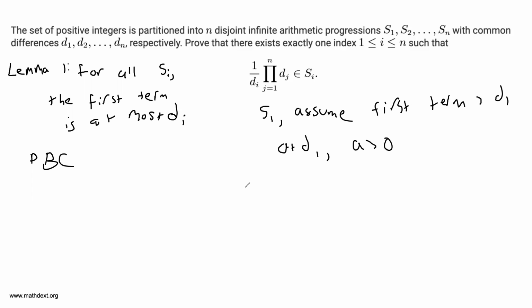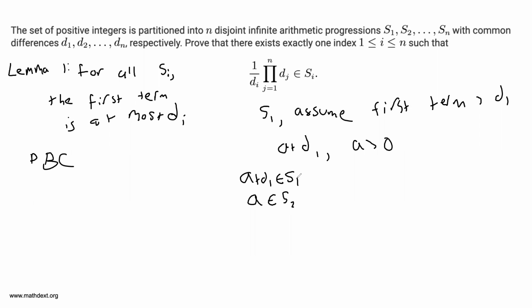So a plus d1 is in S1. But a is not in S1. Otherwise, a is the first term instead of a plus d1, since a is smaller than a plus d1. So we're going to assume that a is in some other sequence, and without loss of generality, that sequence is S2. It could be any sequence, really, but S2.